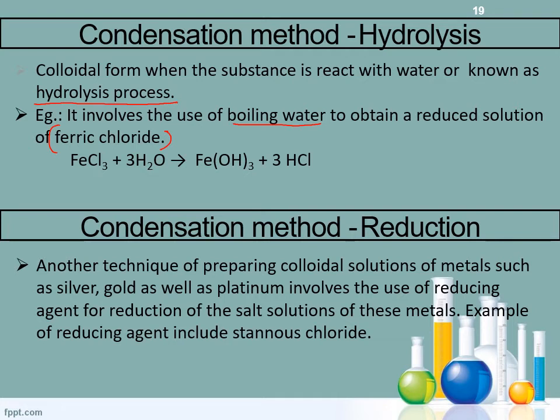Another technique of preparing colloidal solutions of metals such as silver, gold, as well as platinum involves the use of a reducing agent for reduction of a salt solution of this metal. An example of a reducing agent is stannous chloride.